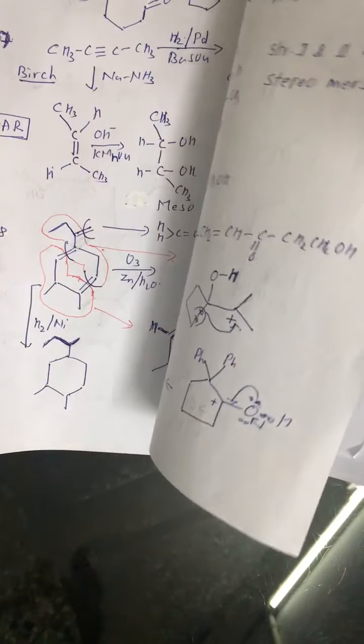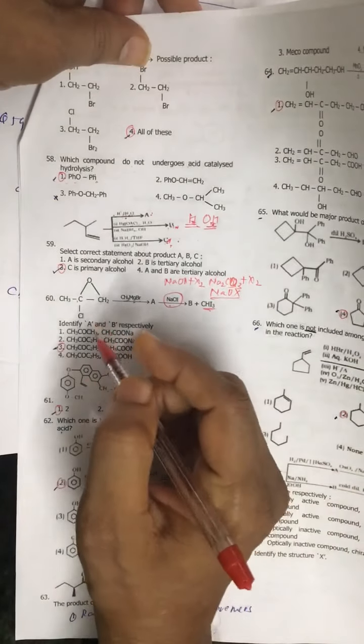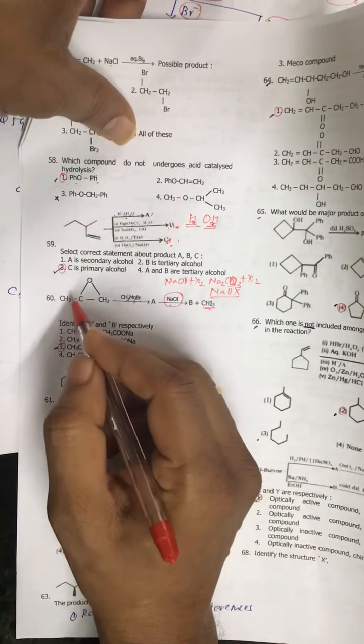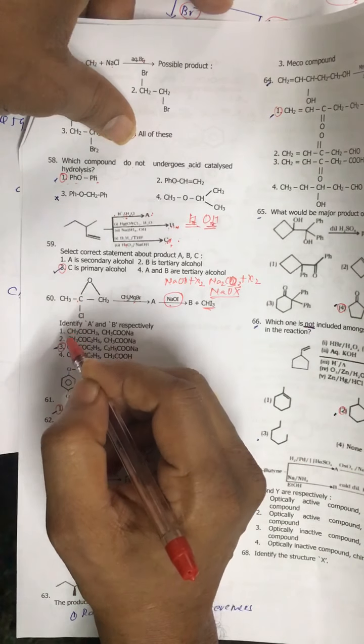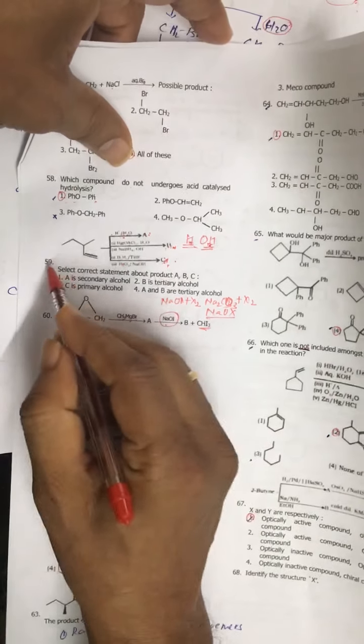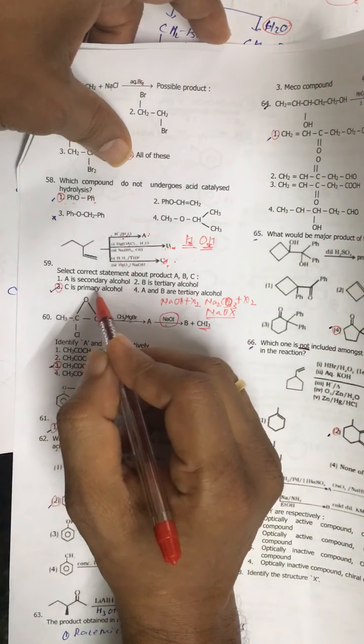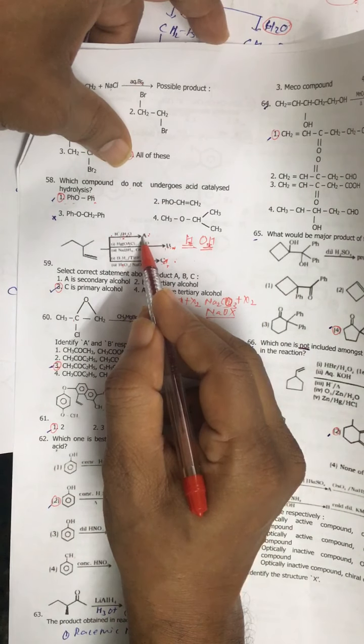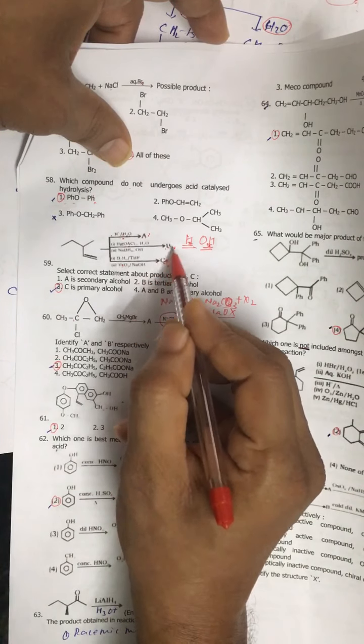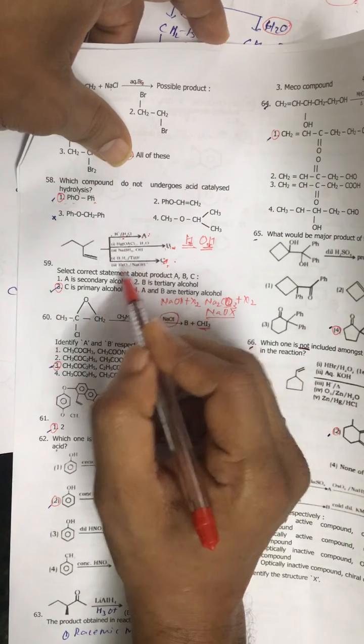So the correct answer in this question is, look at question number 59. It is the third option. In 59 it was clear, I suppose. In the first case we got tertiary alcohol. Here in the last case it is primary alcohol.